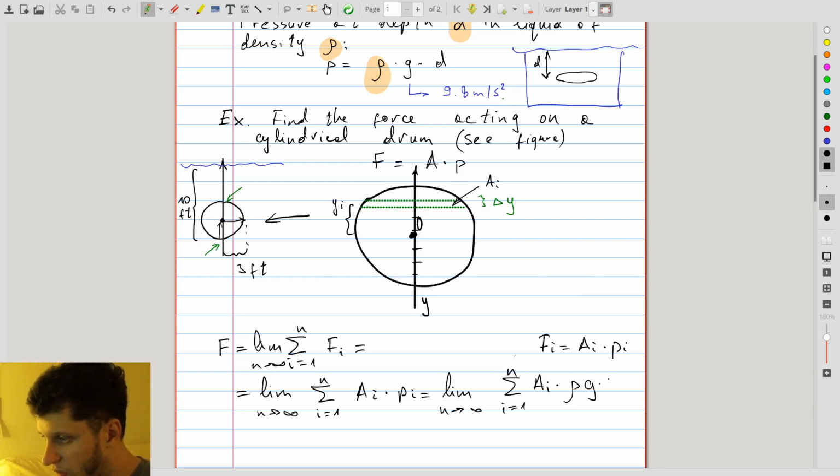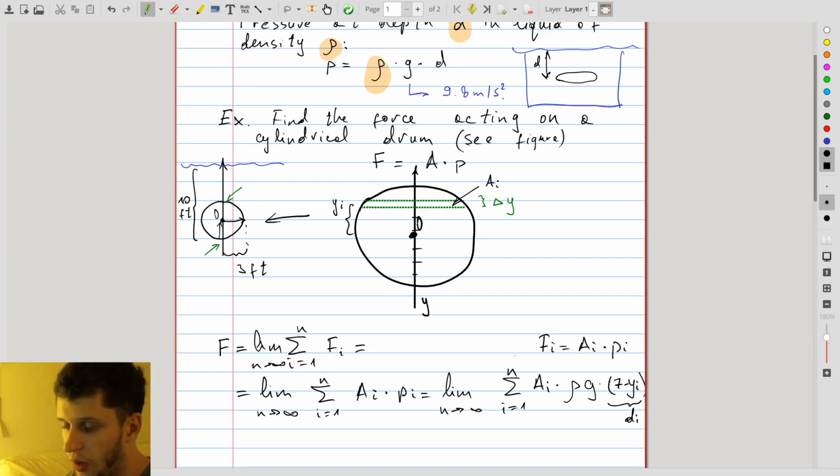And so as a moral, I have the depth di given by the formula 7 minus yi. Right? So that is because, once again, if I'm at the origin here, y is 0, and so depth is precisely 7.